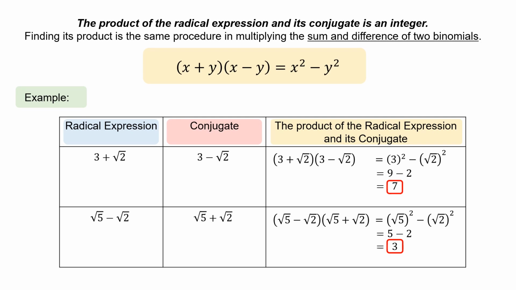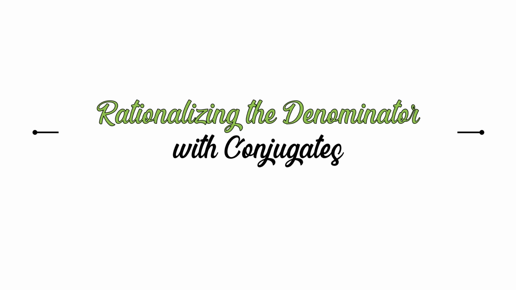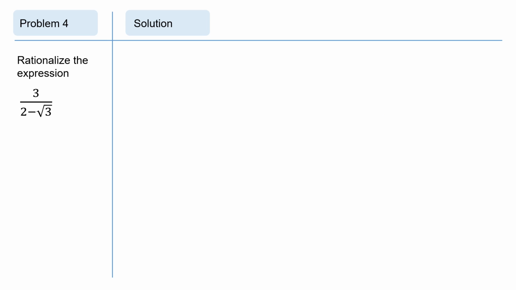Now, let us solve some problems. Rationalizing the denominator with conjugates. Rationalize the expression 3 all over 2 minus the square root of 3. Solution, find the conjugate of the denominator. Isulat lang natin yung given.